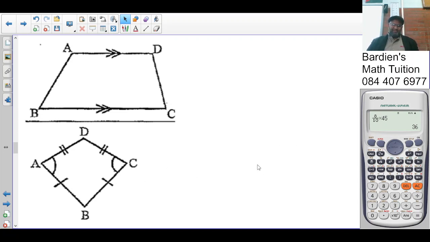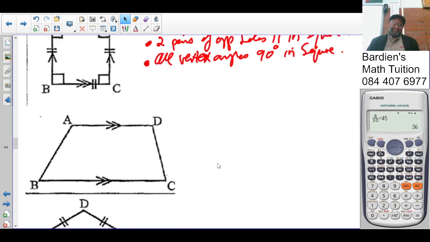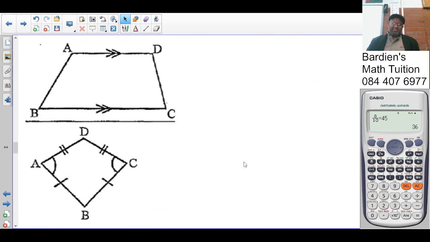Trigonometry. What was algebra? Long division. Okay, I'll put the long division sum in your next exam, for the end of the year.